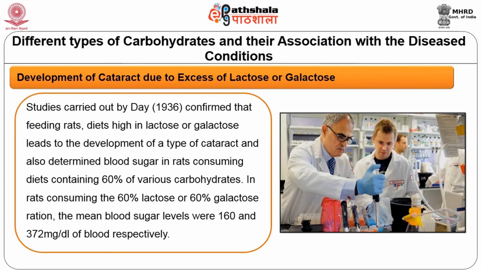In rats consuming 60% lactose or 60% galactose ration, the mean blood sugar levels were 160 and 372 milligram per deciliter of blood respectively.